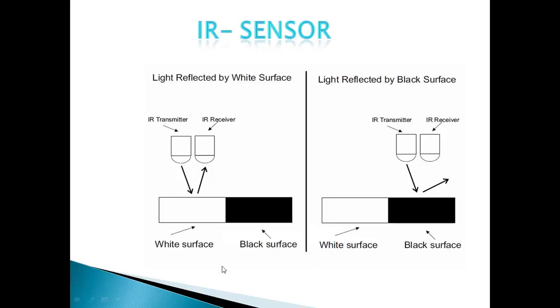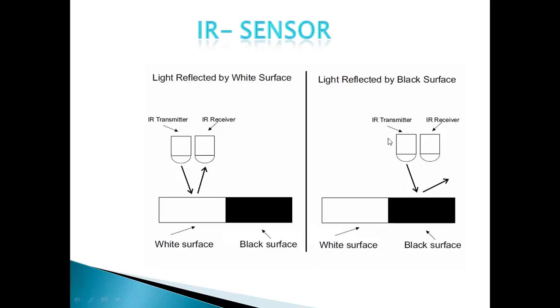You can see two different diagrams, with two different surfaces, a white surface and a black surface, and two different LEDs. One is called the IR transmitter, which transmits the light, and the second is the IR receiver, which receives the light. Once light is transmitted from the IR transmitter, if you have a white surface, it reflects the light back, which is received by the IR receiver.